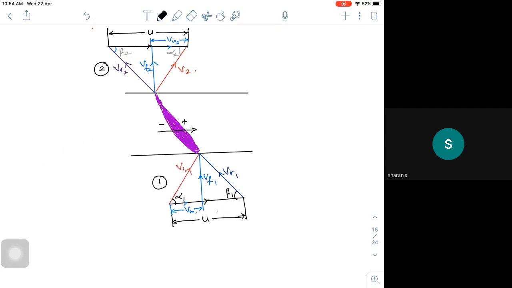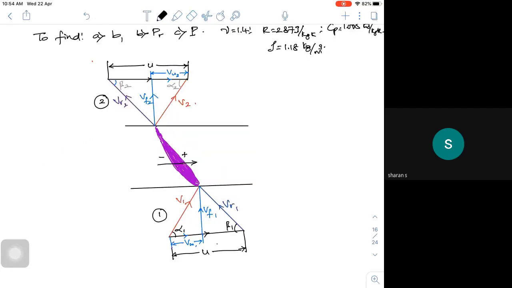Look at the corresponding angles given. This is beta 1 dash, and this is beta 2 dash. That is the air angle. This is my alpha 1 dash, and this is my alpha 2 dash. These are called air angles.